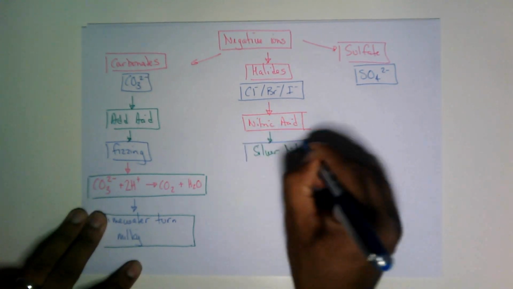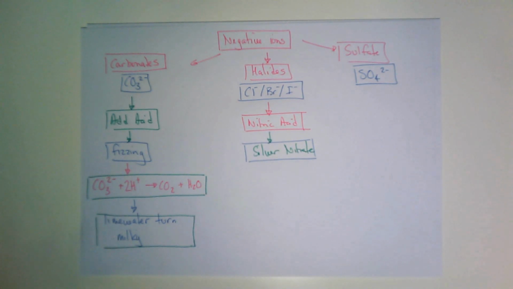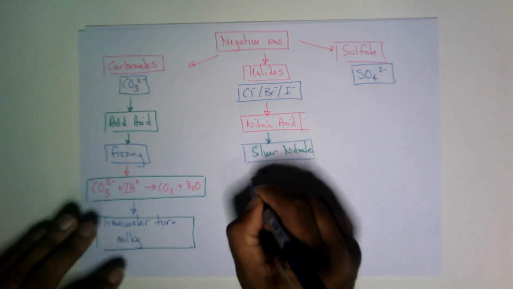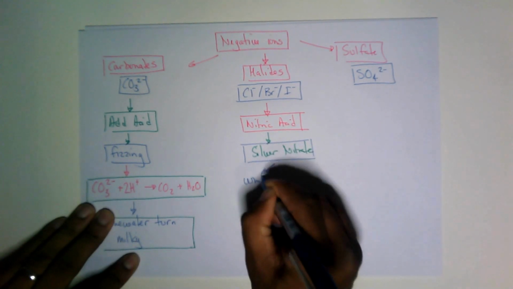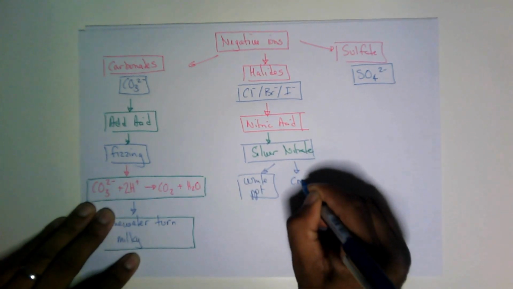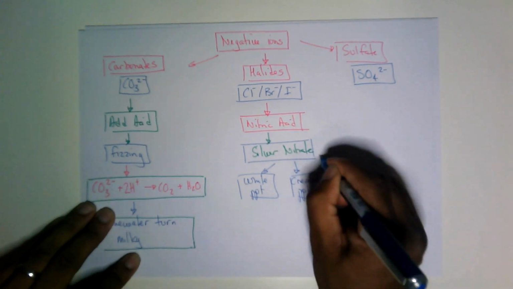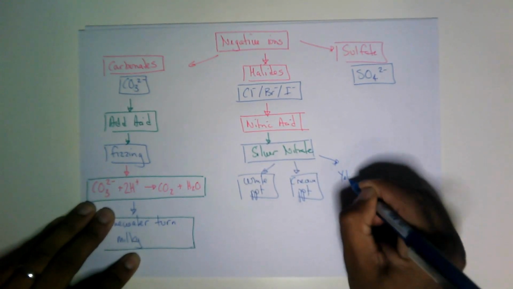Now, silver nitrate is a common test, particularly for the halide ions. What happens with silver nitrate is you get a precipitation reaction, and again there's three possible precipitates. You can have a white precipitate being formed, a cream precipitate, or a yellow precipitate.